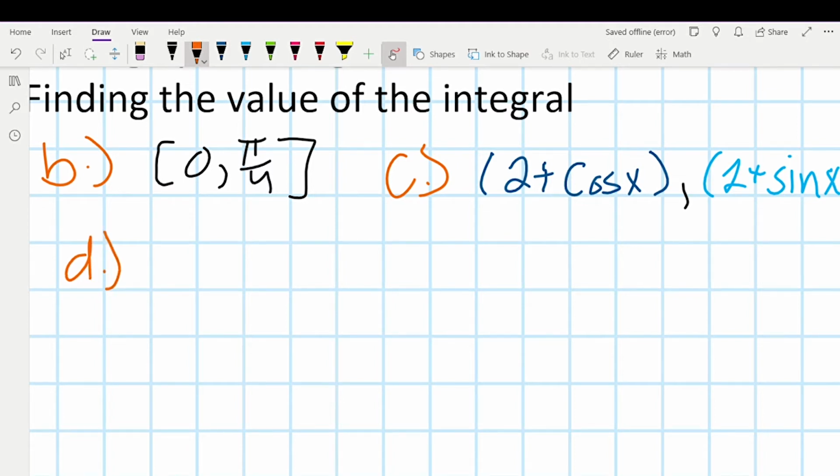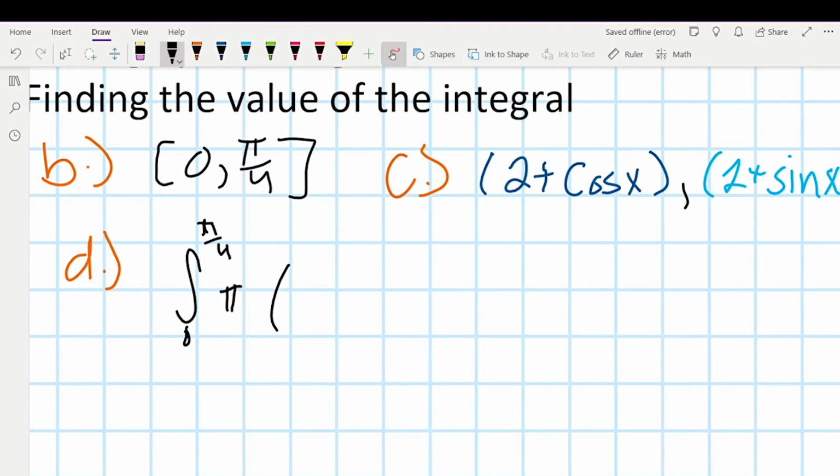And for part D, to set up the integral, we know it's going to be on 0 to pi over 4. And the equation for the washer method tells us to do pi times r1 squared minus r2 squared.